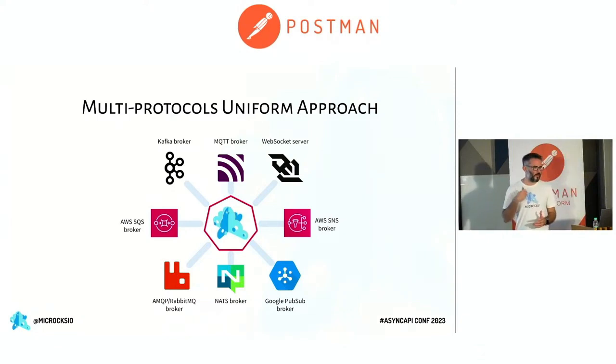And it's really easy to extend and add your own contribution if your protocol is not yet in the list. We had several contributions from the community on SQS, on NATS, and also on PubSub. So really easy to add your own connectors if it's not yet in the list.